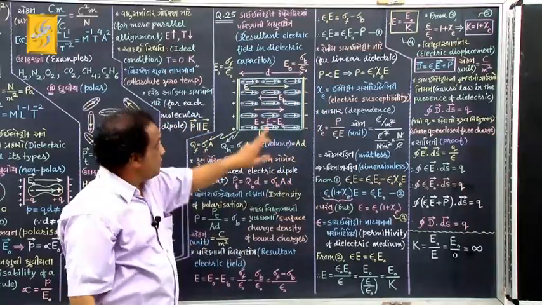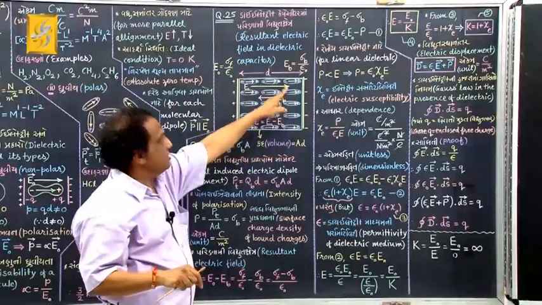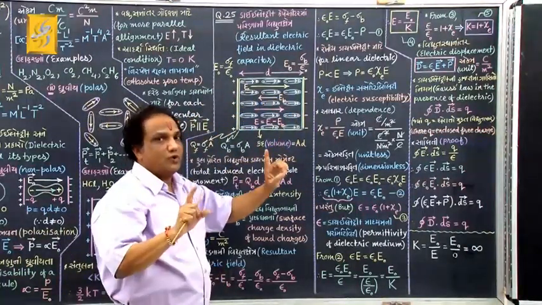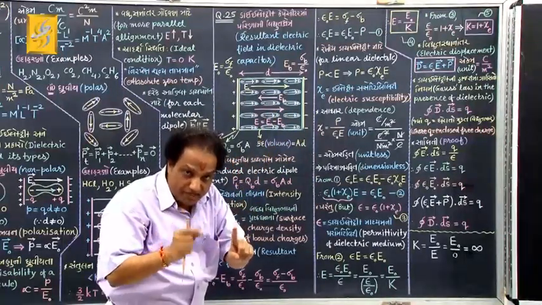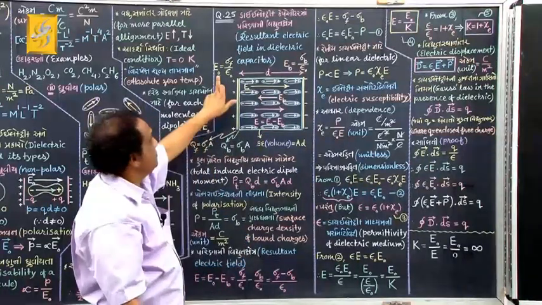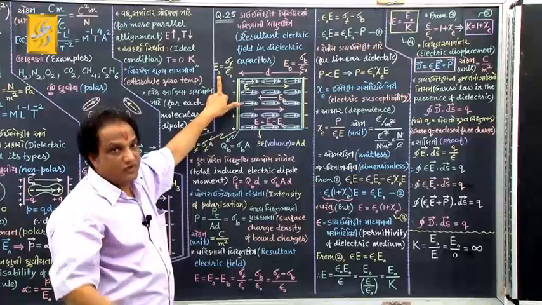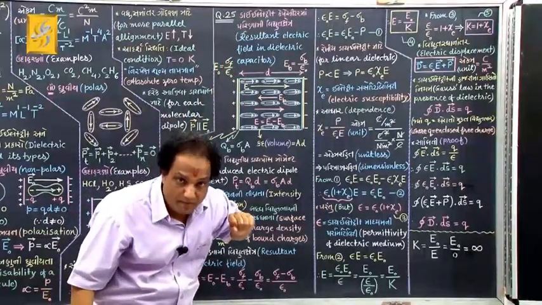Why is the symbol E0? Because we are talking about the electric field when there is no dielectric medium here, or when there is vacuum. Whenever there is a vacuum or free space, the strength of the electric field is shown by the symbol E0. And what is the formula for that? It is sigma upon epsilon 0. Remembered?